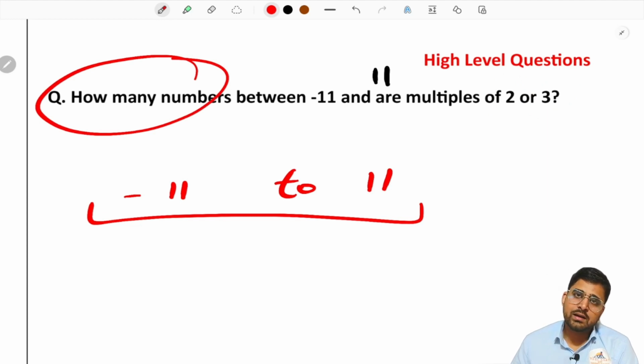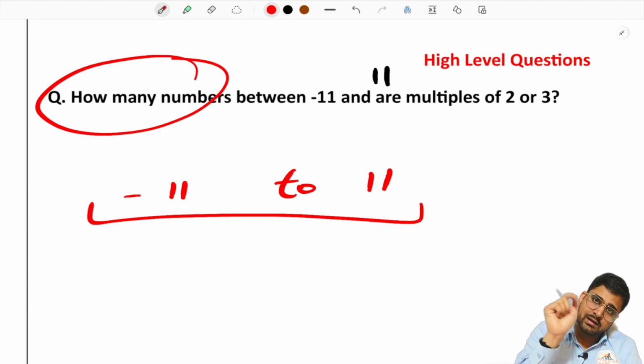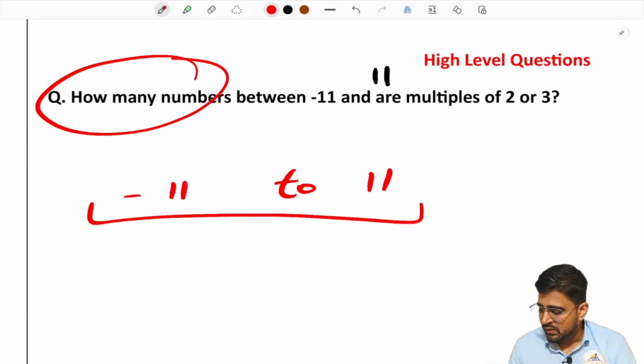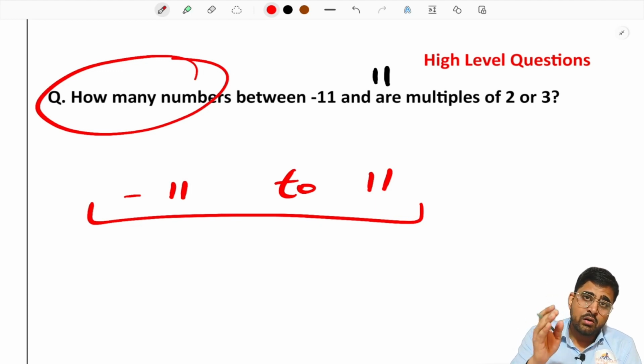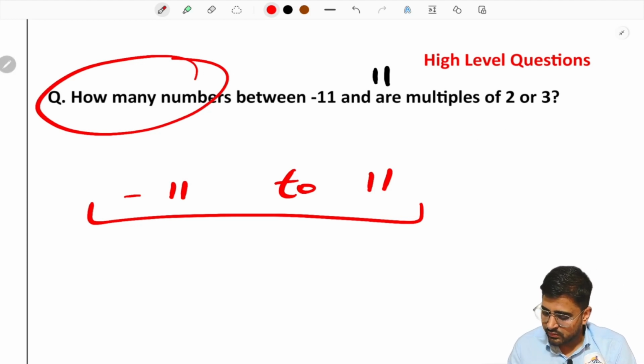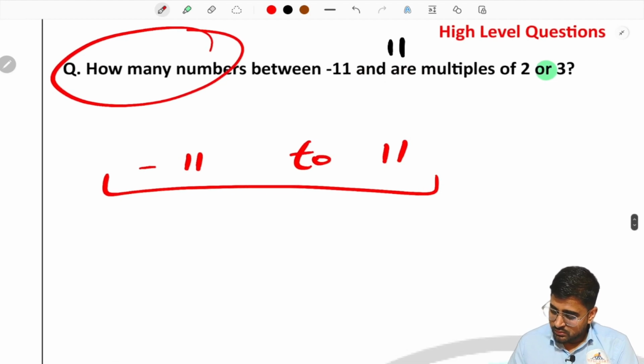In case of 2 and 3, there is both, meaning the number should be a multiple of 2 and also 3. Try to learn the difference between or and and. It matters a lot. The keyword here is or. Okay, let's start.